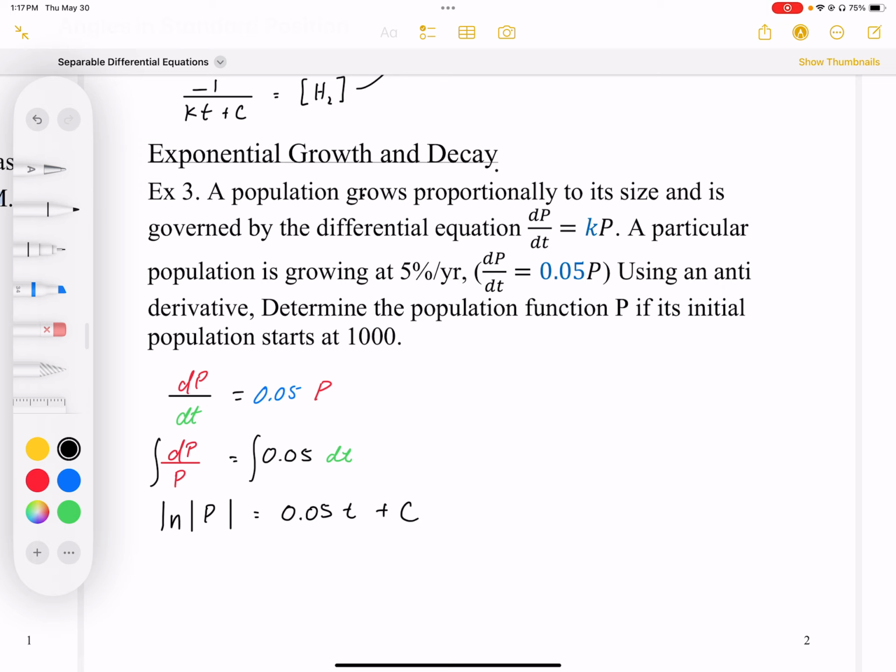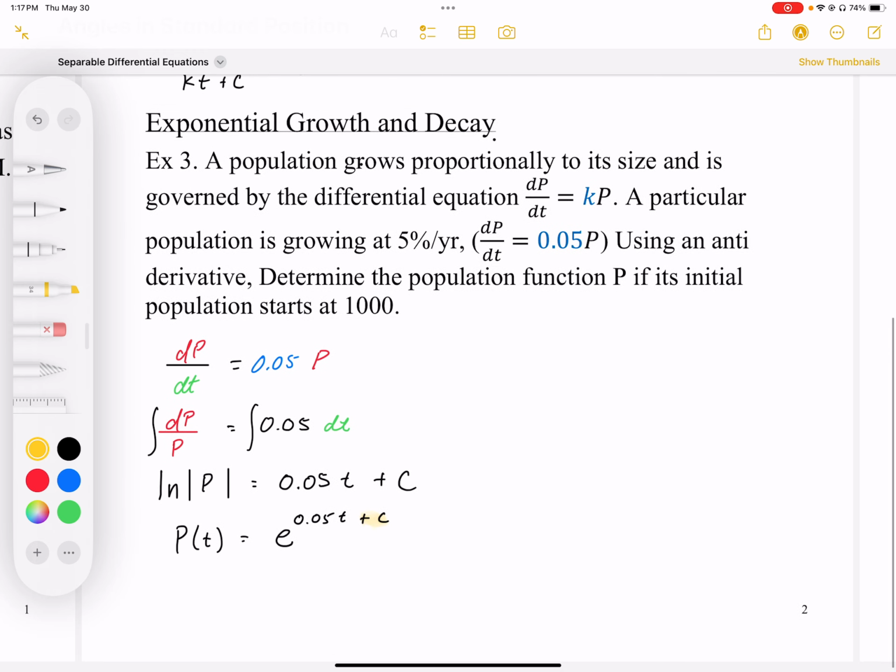So rearranging this to solve for p, we're going to end up with p as a function of time is equal to e to the power 0.05 t plus c. And again, it's good to recognize that that plus c is going to end up as some k value on our exponential function.